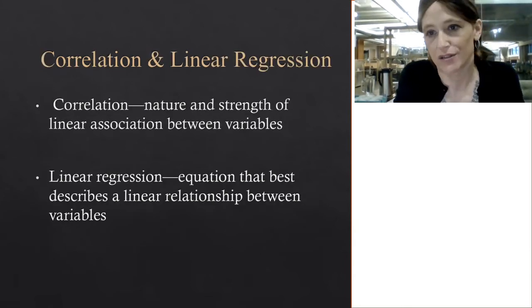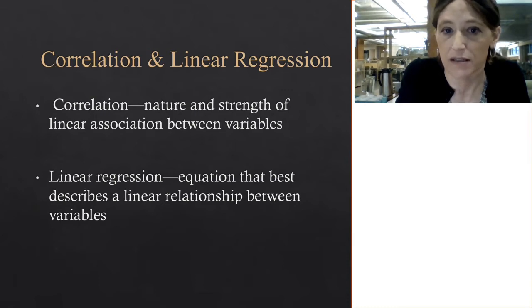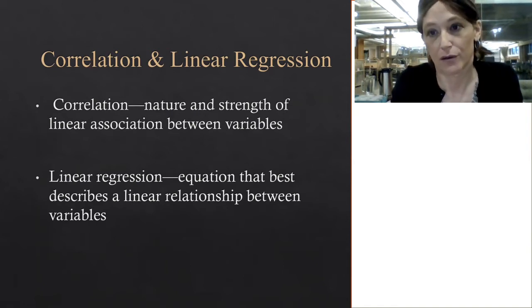So correlation can tell us the nature and the strength of a linear association between two variables. Linear regression is an equation that best describes the linear relationship between variables in terms of their original units. And as we'll see, linear regression is a much more powerful tool. We can start to add additional variables, and we can add not only other continuous variables, but we can also add categorical variables.